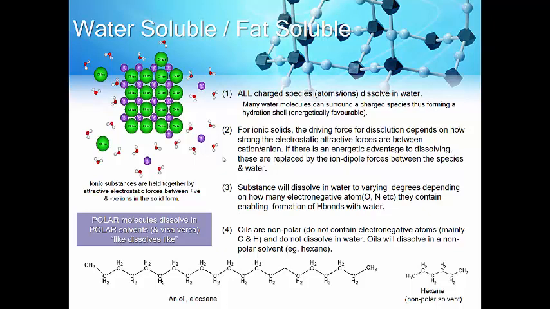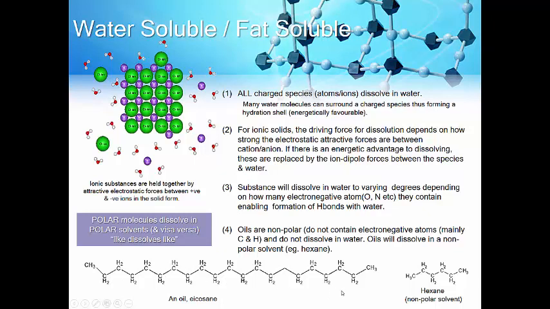Non-polar, on the other hand, are things that do not contain electronegative atoms, so it's mainly just carbons and hydrogens, and these non-polar compounds do not dissolve in water. An example here is a non-polar solvent, hexane, and a non-polar compound, an oil.